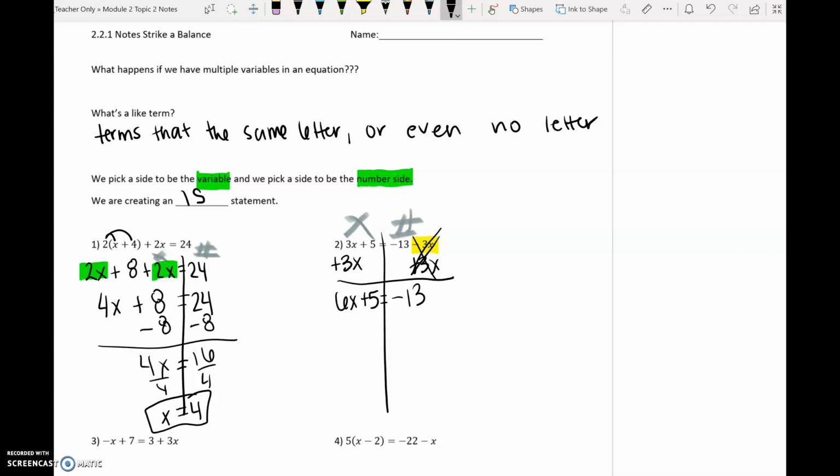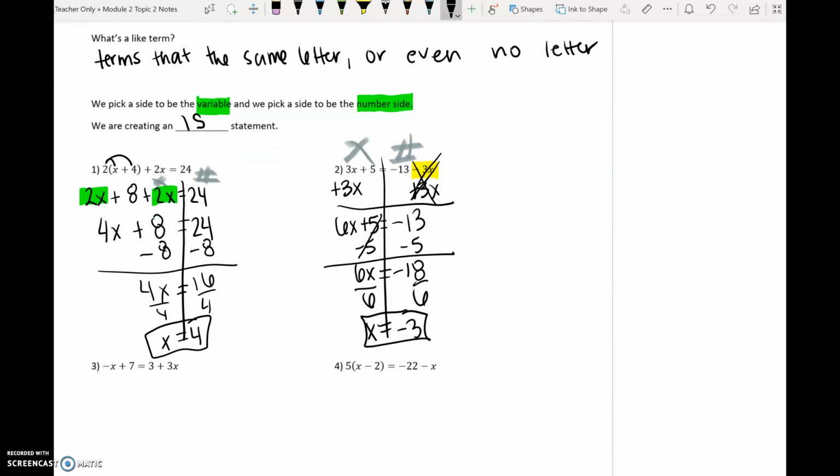So I'm going to start doing the opposite. So subtract 5, cancel, 6x equals negative 18, and then I'm going to divide. X is negative 3. Notice x is on this left side, negative 3 is on the right side.